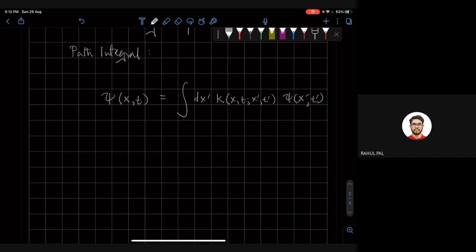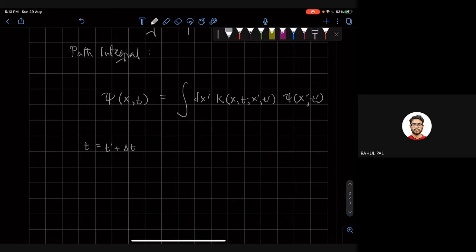Okay? So now let's take the time t to be infinitesimally separated from t prime. So it's just a little bit after t prime, so t is going to be t prime plus delta t, where delta t is very, very small.